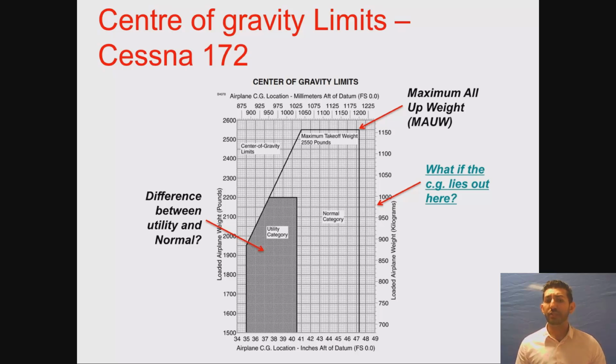Now the two bands that you see: you've got 147, which is the distance rearward of the datum, and then you've also got the forward limit, which is 35 inches behind that datum point.